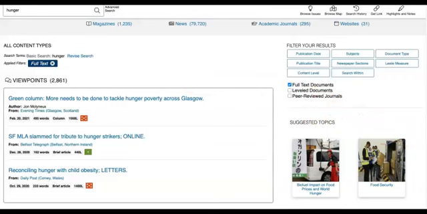So stepping into Global Issues and Context. When I search in Global Issues and Context, I'm going to go up to the top, and I'm just going to type in hunger. So say I'm doing a fundraiser on food supply, and I want to help this local food bank out. I'm going to just search a really general term like hunger.